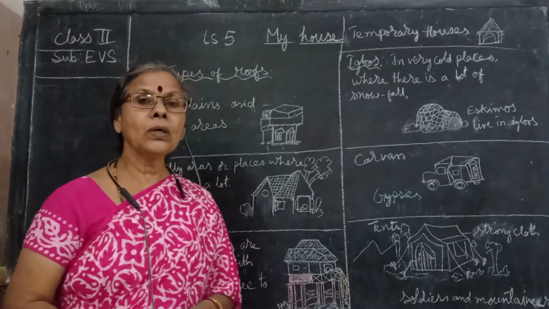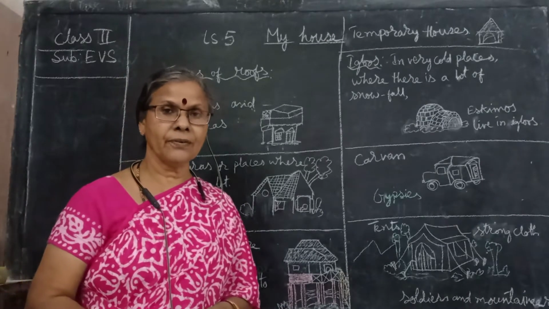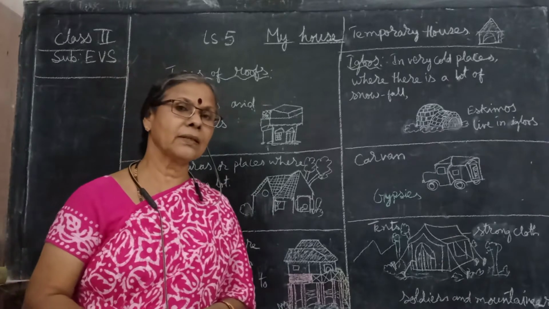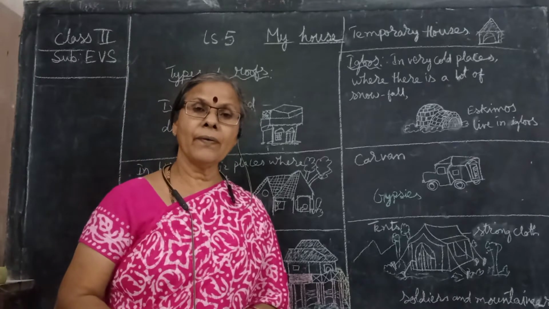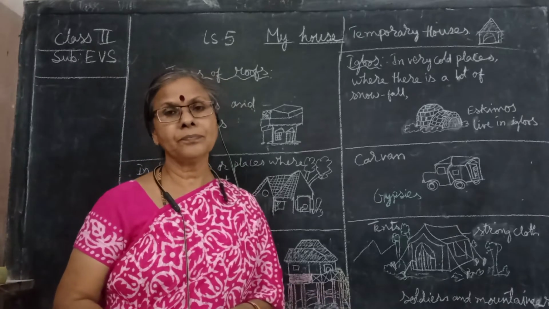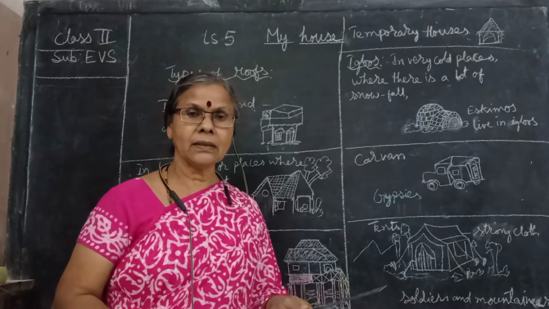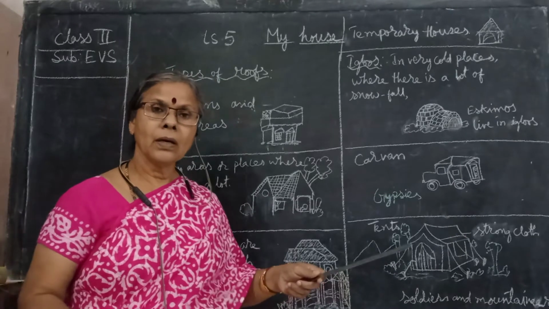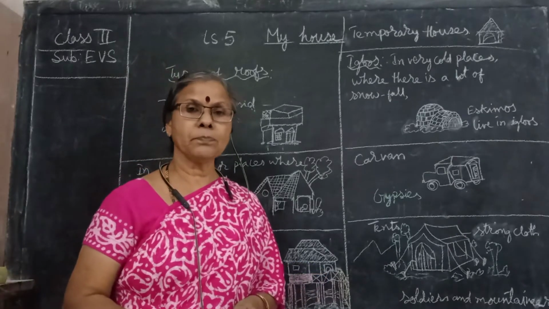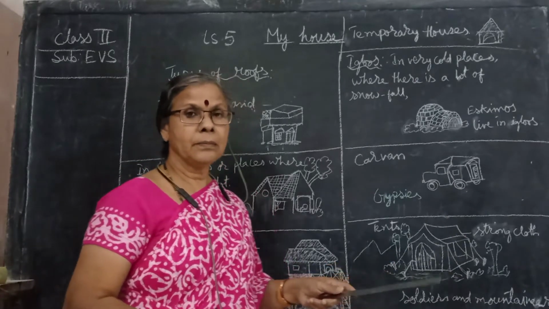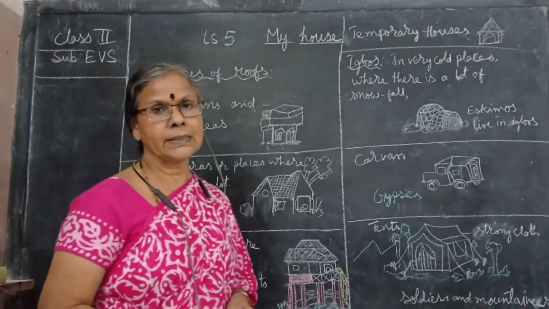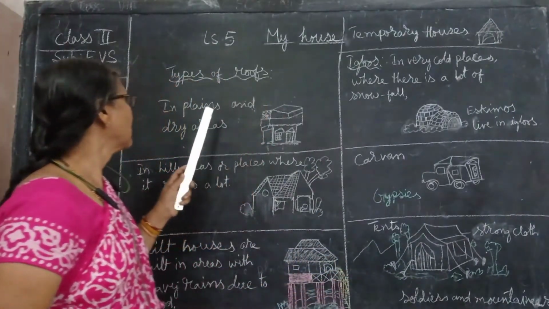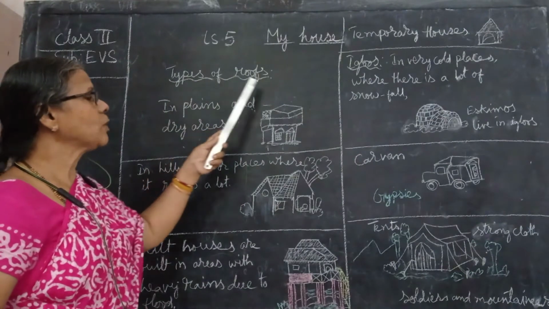In cold places the houses are different, and in dry plain places the houses are different, and where you will find more rainfall, flooded areas, there also the people build their houses as per the climatic conditions.